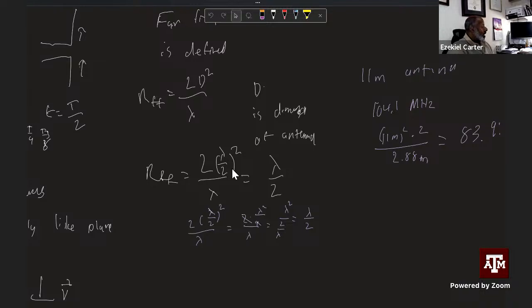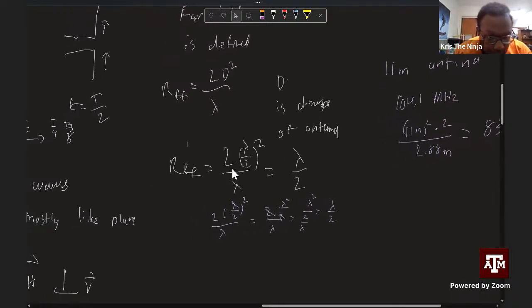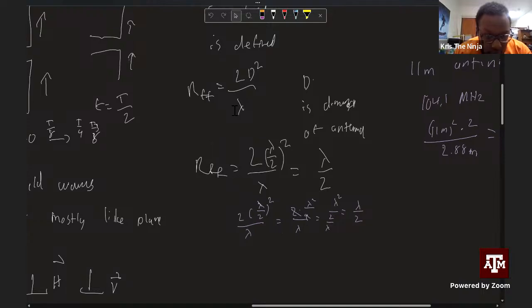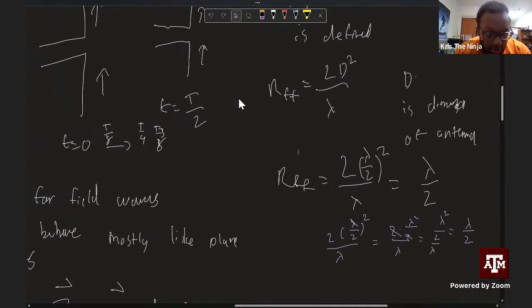Square that, then multiply by 2, and divide by lambda. I think these are two different things.